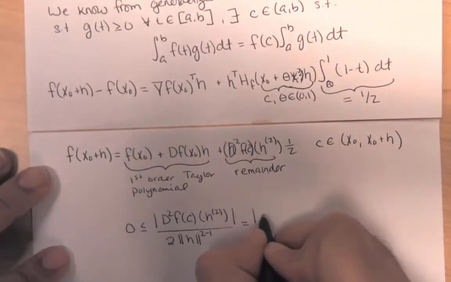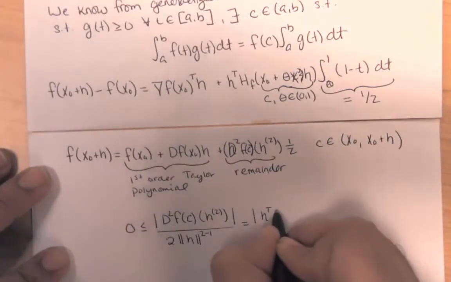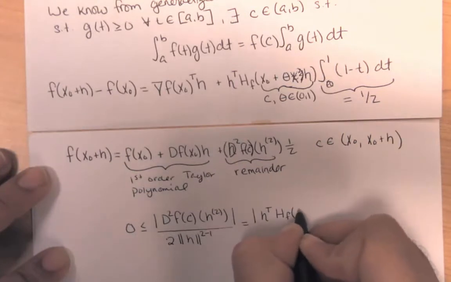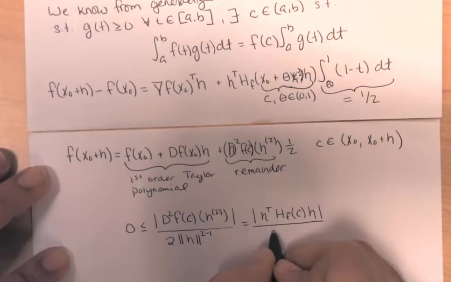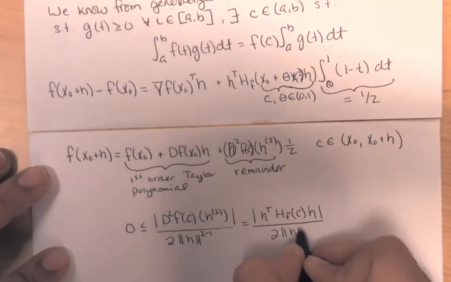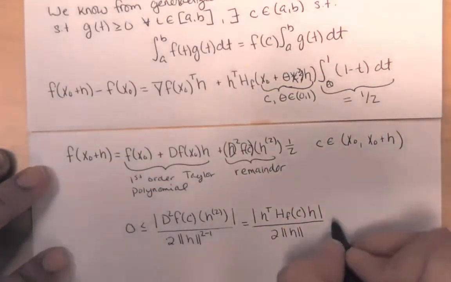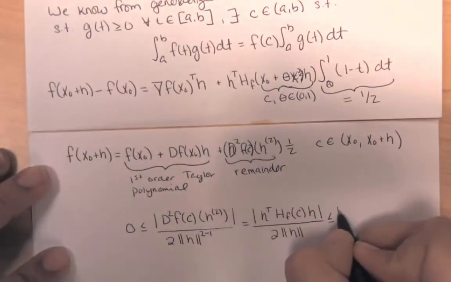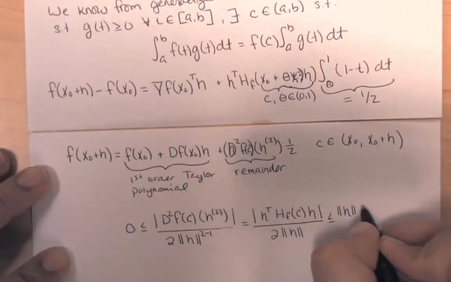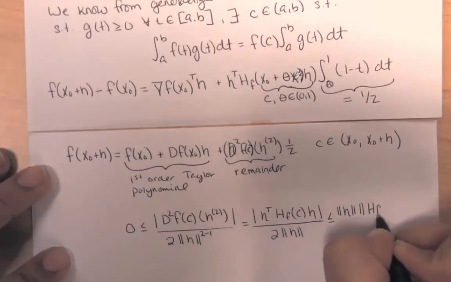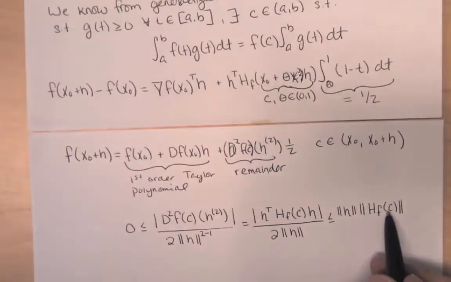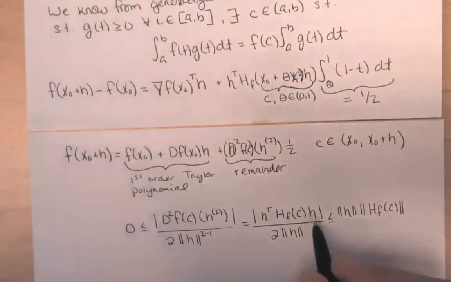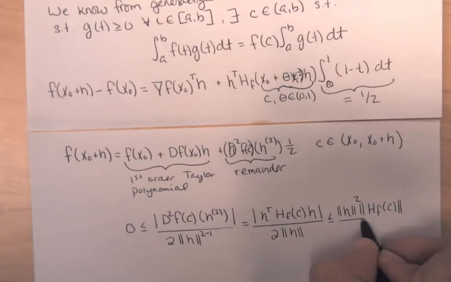Now this equals h transpose times my Hessian at c times h divided by 2 times the norm of h, and this is less than or equal to the norm of h times the norm of the matrix at c, which we know to be bounded because it's continuous, times the norm of h again, divided by 2 times the norm of h.